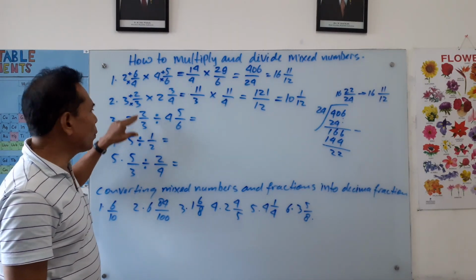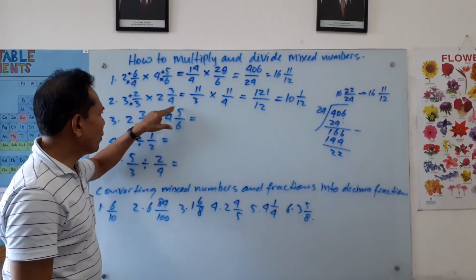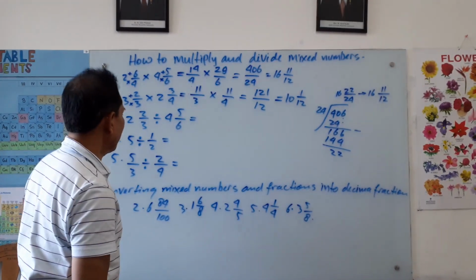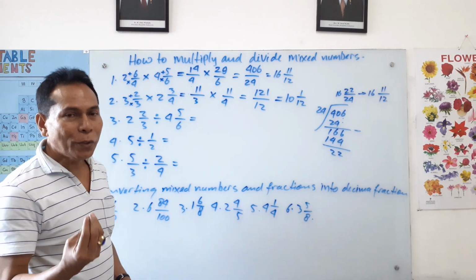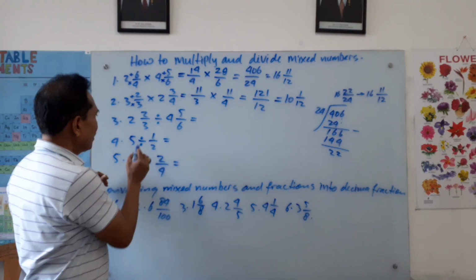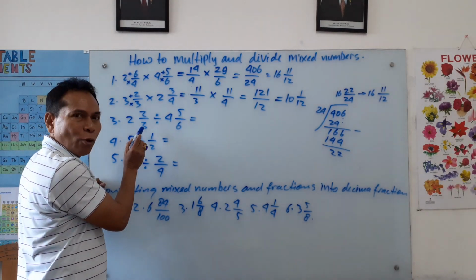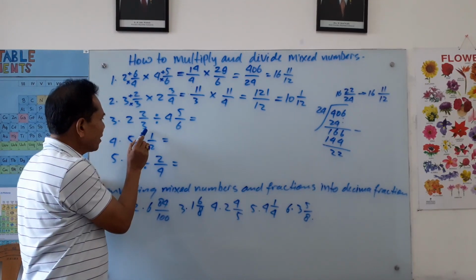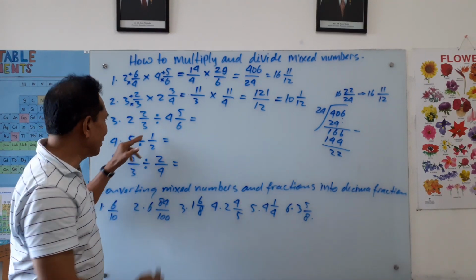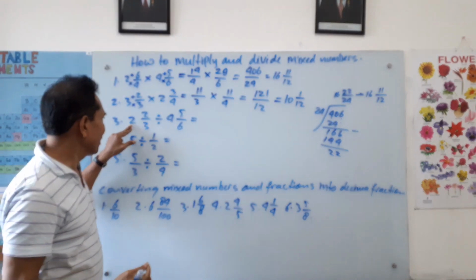We have 2 2/3 divided by 4 5/6. Now, for this part here, we use the same way to work it out. So see here, we have denominator 3, we multiply it with this whole number 2, okay? So 3 times 2 is 6.